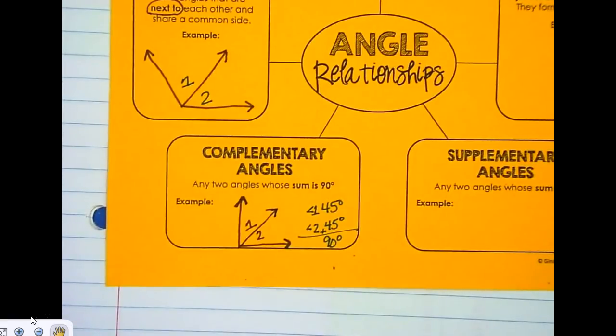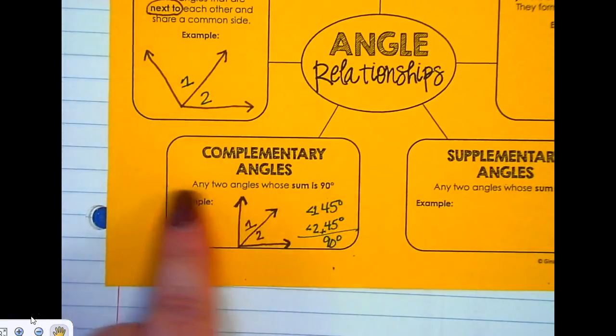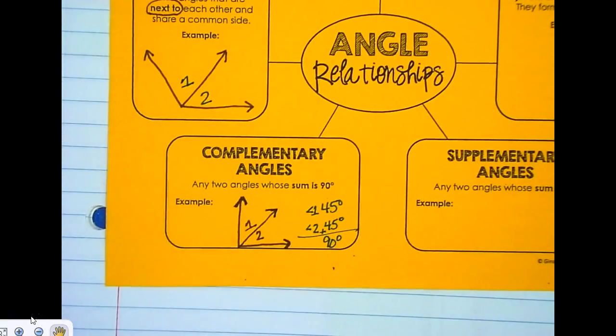Those are complementary angles. So I could have had 65 degrees and 25 degrees, or 70 and 20, 60 and 30. Does that make sense? That's just a vocabulary word that you need to know the definition, and then you can do the math.